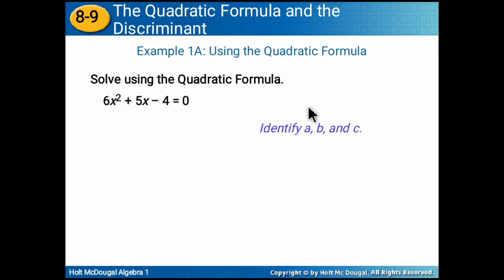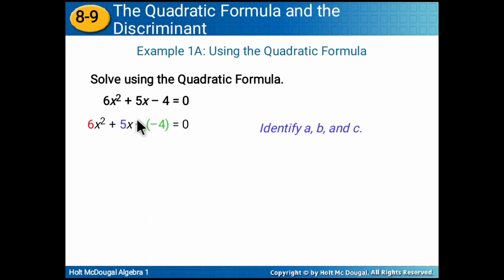So, now, by solving this problem using the quadratic formula, you're going to identify A, B, and C. So, which is the A? It is 6. The B is equal to 5, and C is equal to negative 4. So, 6, 5, and negative 4. So, we have ax squared plus bx plus c, plus negative 4.